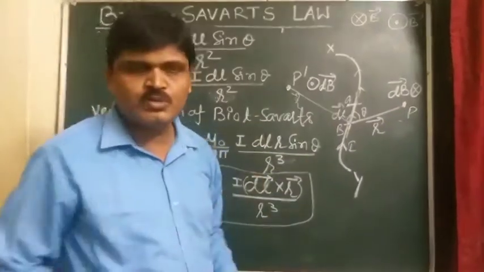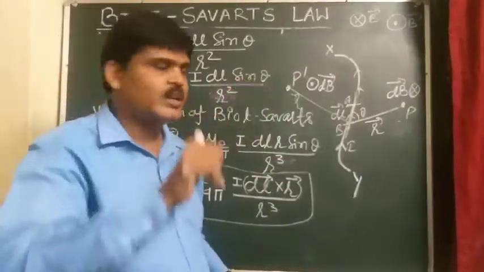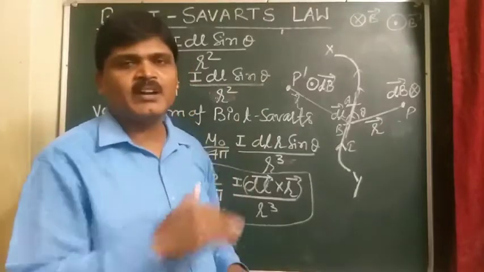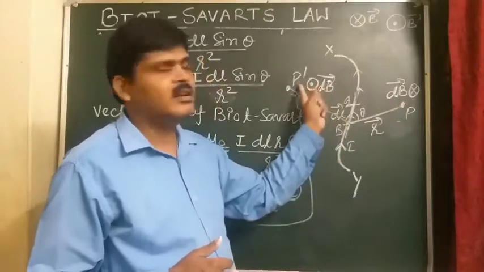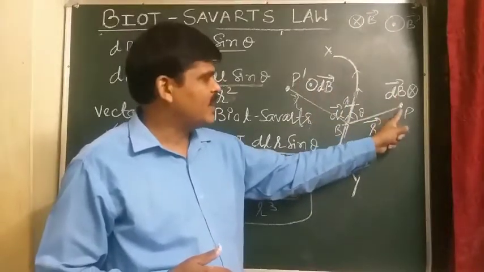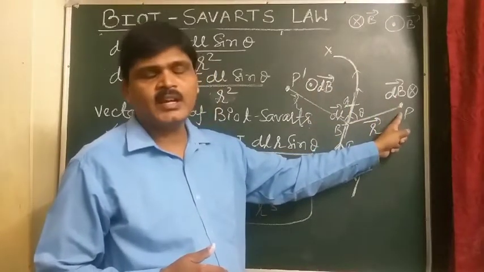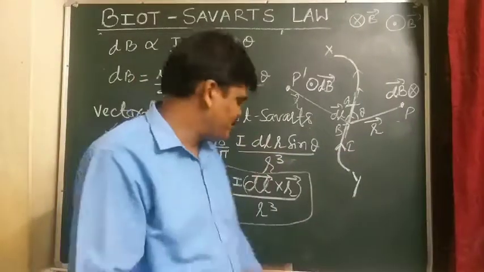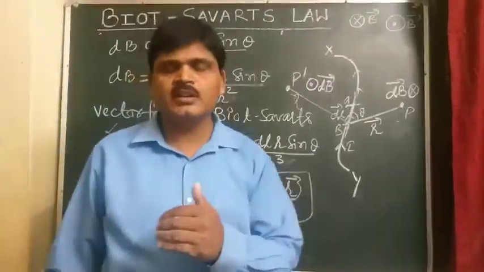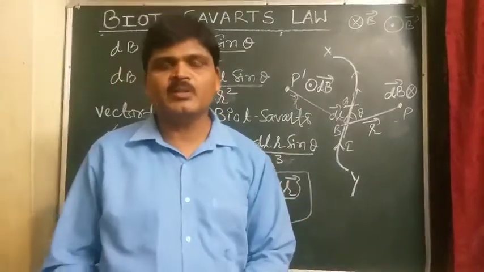You must use the cross product rule and you can easily find the direction of the magnetic field, whether on the right hand side or left hand side. So here the magnetic field acts into the plane of the paper, and this is the explanation of Biot-Savart's law.